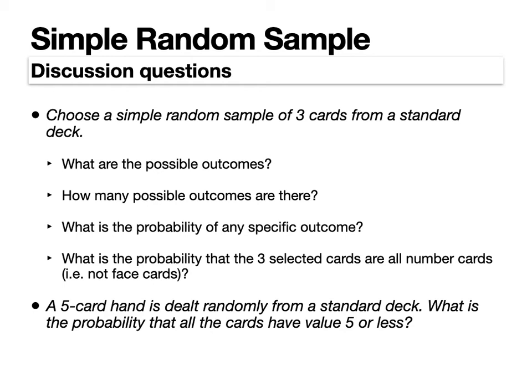Suppose you're dealt a 5-card hand randomly from a standard deck. So that means you got an SRS of size 5 from a standard deck. What's the probability that all the cards have a value of 5 or less? So they're all number cards and they all have a value of 5 or less. And remember, an ace is considered a number card here. Its value is 1. So think about those, and we'll talk about them in class.